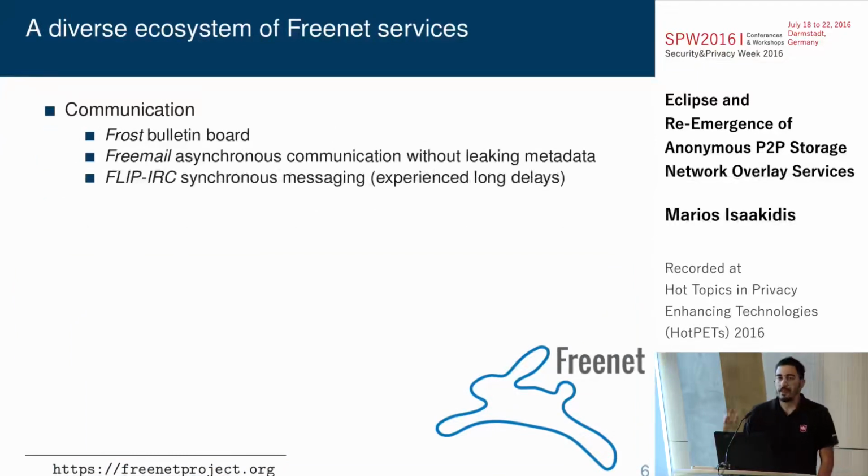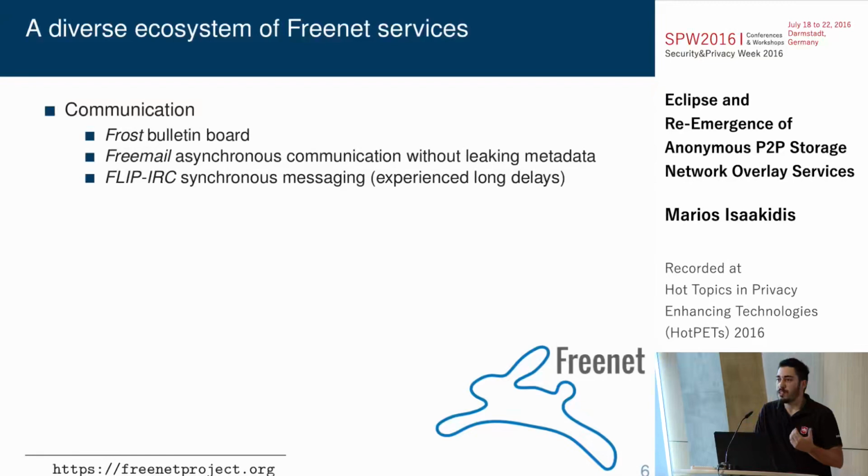And given only those two very basic abstractions, what can actually be built on top of such networks? Let's go through what already exists there. In the beginning, people started building communication applications. So we have the Frost bulletin board, a forum, which also helped with announcing content that is being inserted.